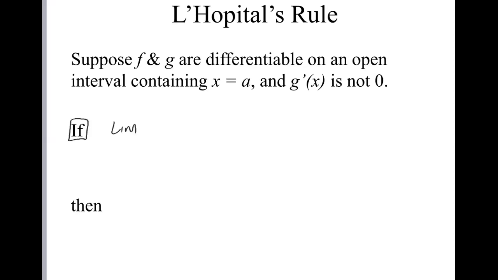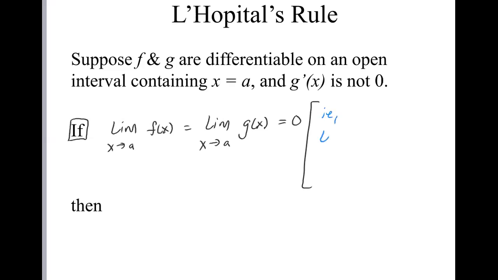If the limit as x approaches a of the function f of x and the limit as x approaches a of g of x both happen to be 0, I'll just put as a note here, i.e. the limit as x approaches a of the ratio f of x over g of x has the form 0 over 0.